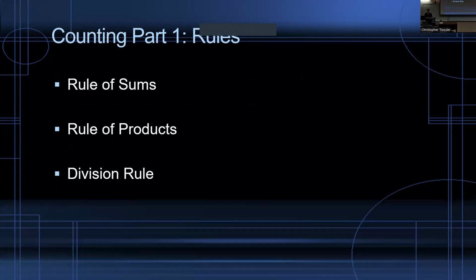So first part of counting, we got some rules to go over. Some of these are really basic, some of these are not quite as basic, but let's start with the rule of sums. Okay, it's really, really simple actually. Let's say you had 5 blue books, right? In this scenario.